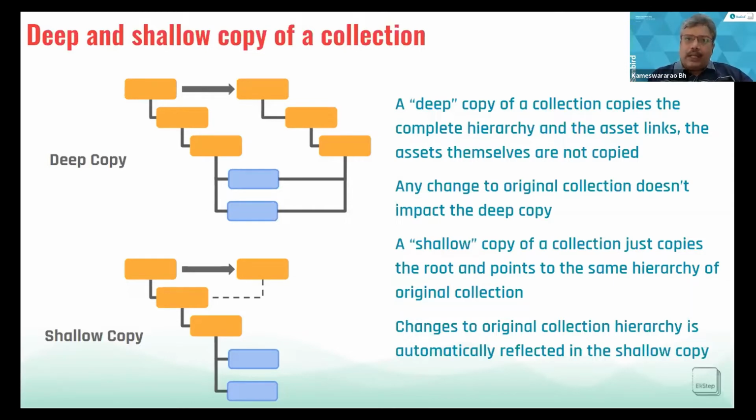They might have their own name and their own cover page printed, but the entire chapters, content, everything within those textbooks is the same as NCERT. So when NCERT creates these digital textbooks with the hierarchy of the textbooks and links certain digital assets to that, the states who adopt these NCERT textbooks can create a shallow copy of these digital textbooks and give their own name, their own icon, which is the cover page, and so on and so forth.